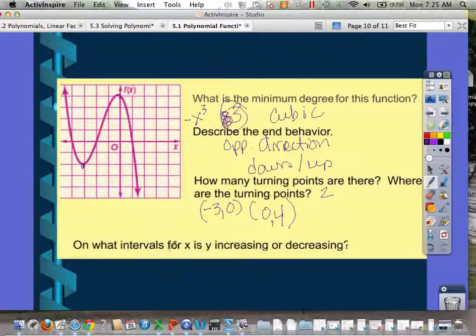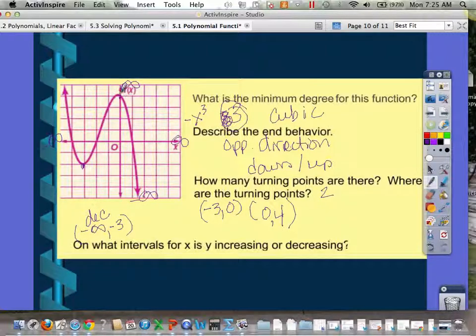And on what interval for x is y increasing and decreasing? All right, so when we're talking about intervals, we're only talking about x values. So this is negative infinity, positive infinity, positive infinity, negative infinity. From negative infinity to negative 3, we are decreasing.